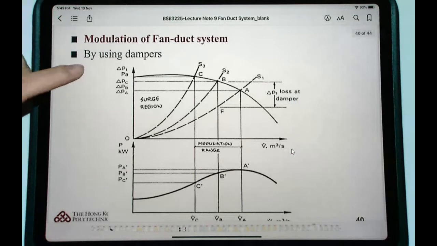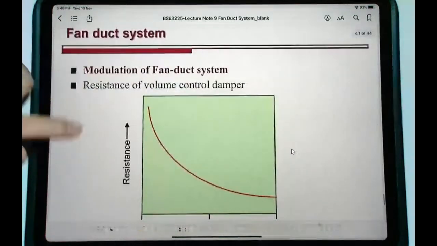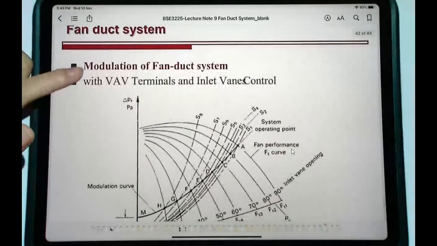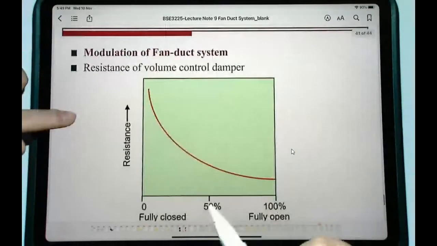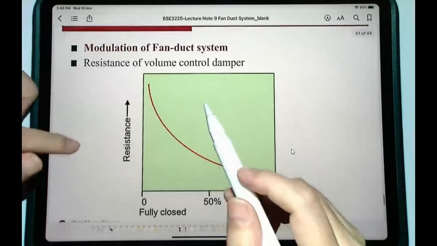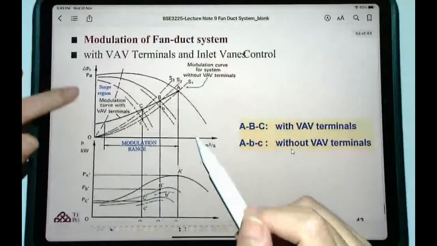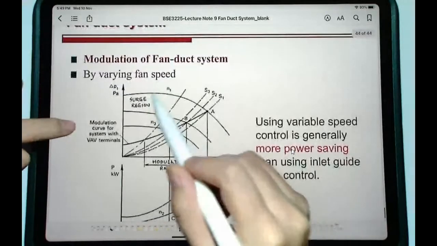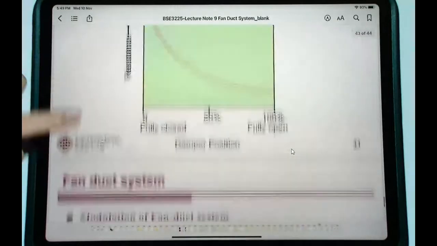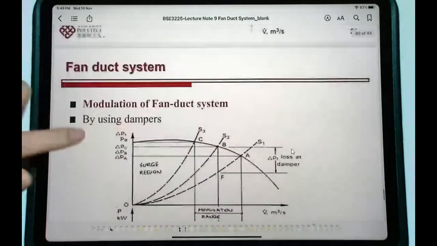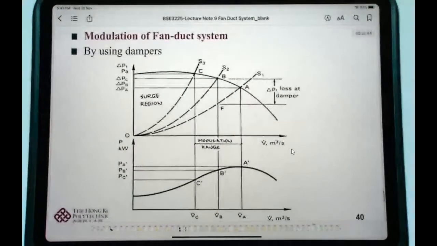For example, you can use dampers, you can use terminals with inlet vanes, and you can use the change of the fan speed. We'll first look at the modulation of the fan duct system using dampers.